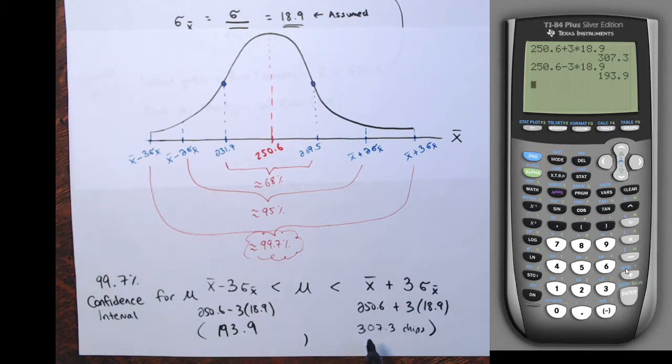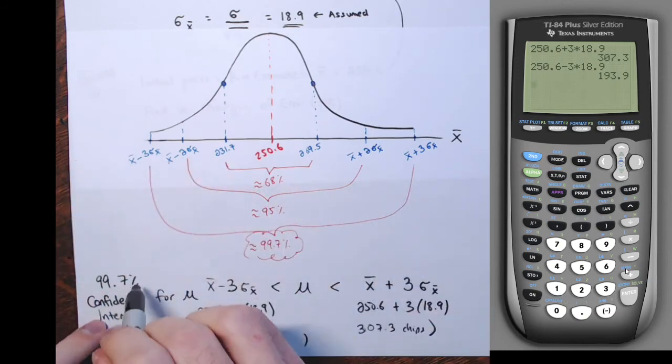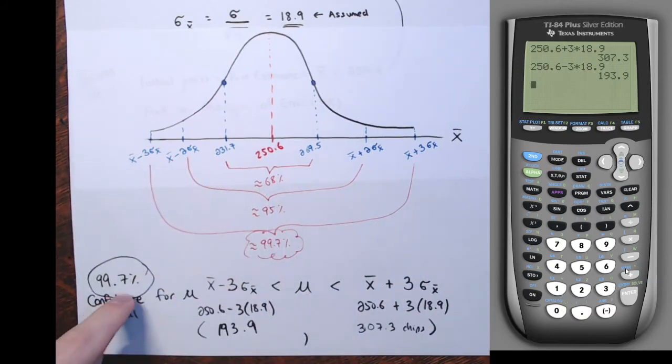Now that is a very big range, right? And again, the greater the confidence level is, the larger this interval is going to be. But that's what I'm going to enter, this lower bound, this upper bound.